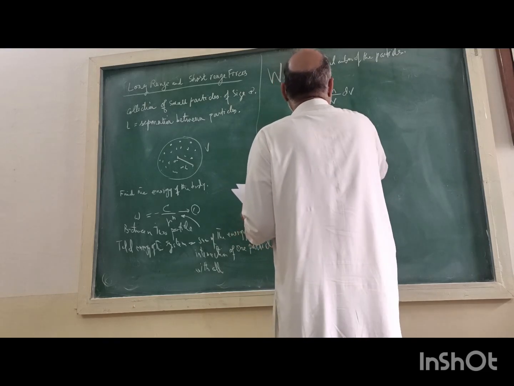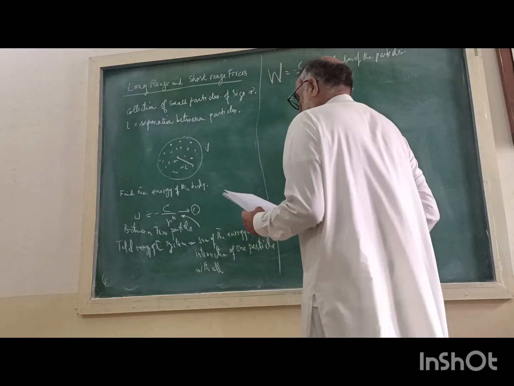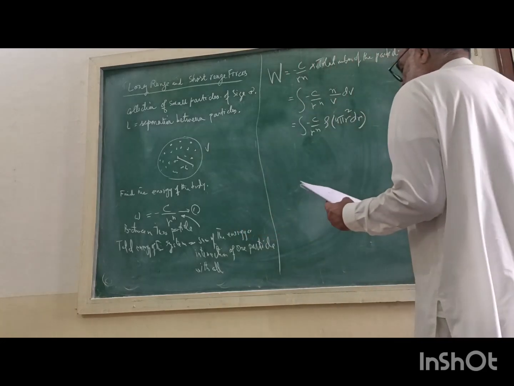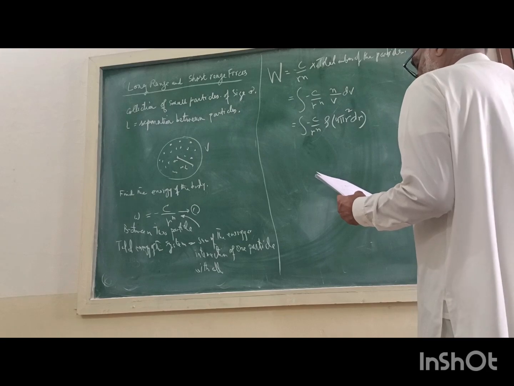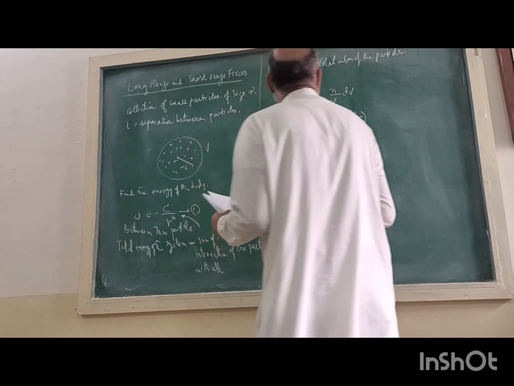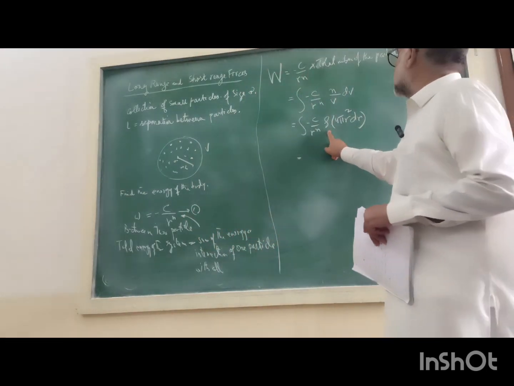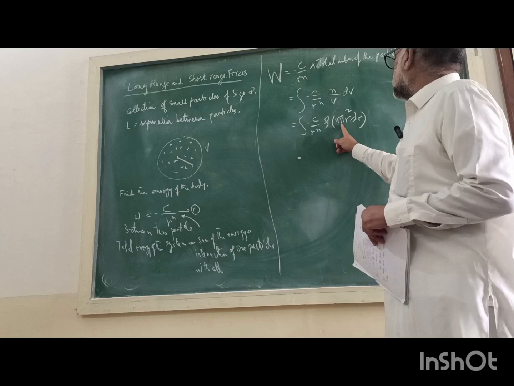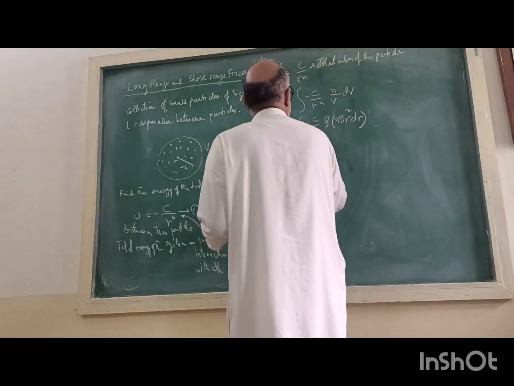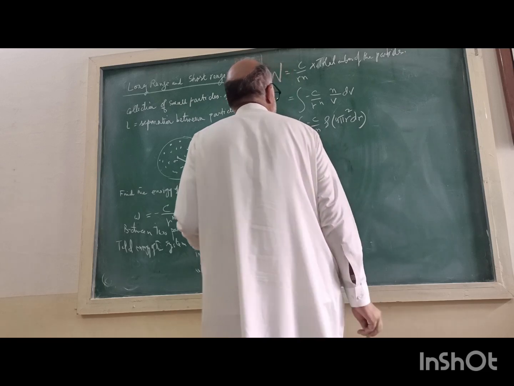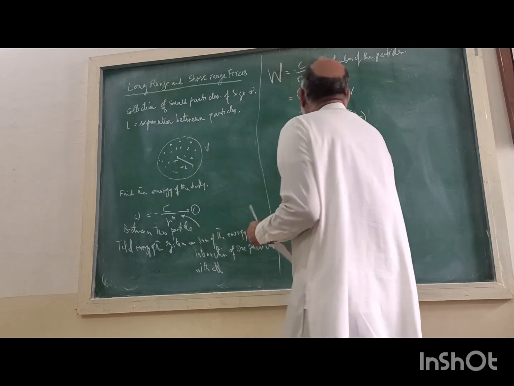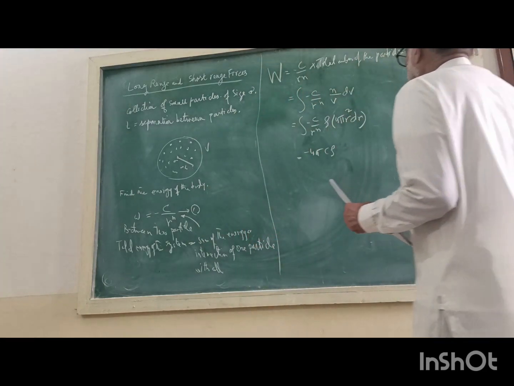And this dV is equal to 4 pi r squared dr. Now, if the density is constant, 4 pi is constant, and C is constant, so I'm taking these out, so that's minus 4 pi, and C and rho, I'm taking them out to avoid confusion.